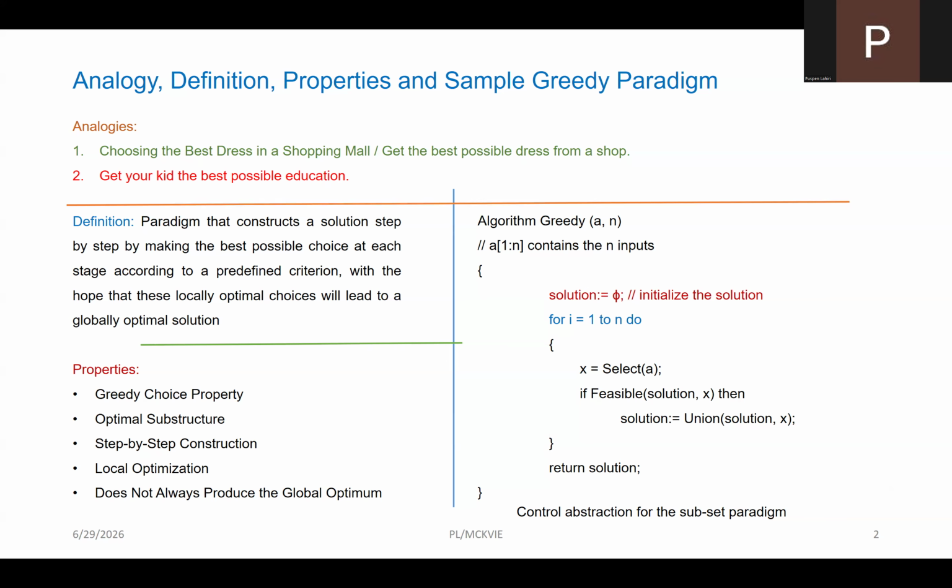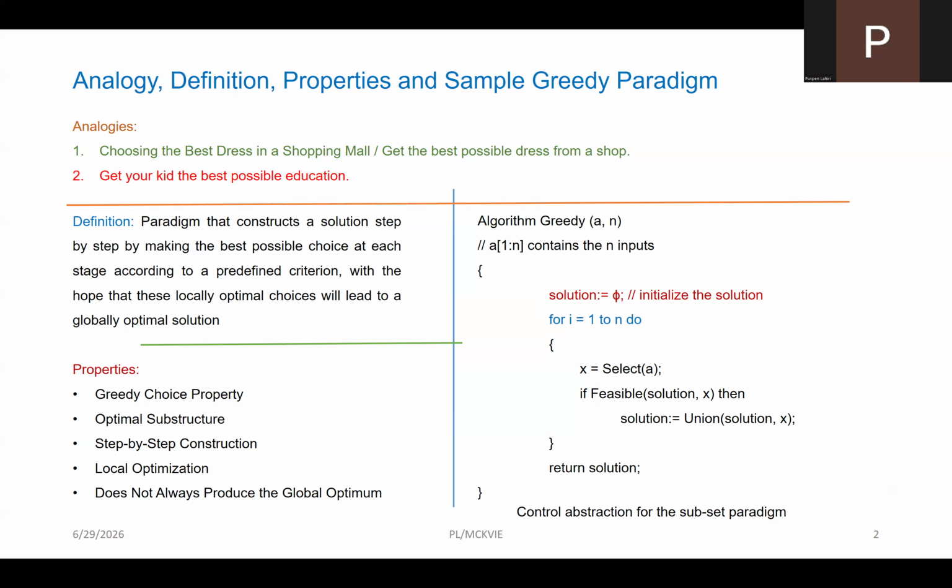Once you are going through some of the chapters of algorithm analysis, whether it may be greedy, divide and conquer, whatever it is, you must know the properties of those paradigms. So here, after the definition, we must know the properties of the greedy strategy.